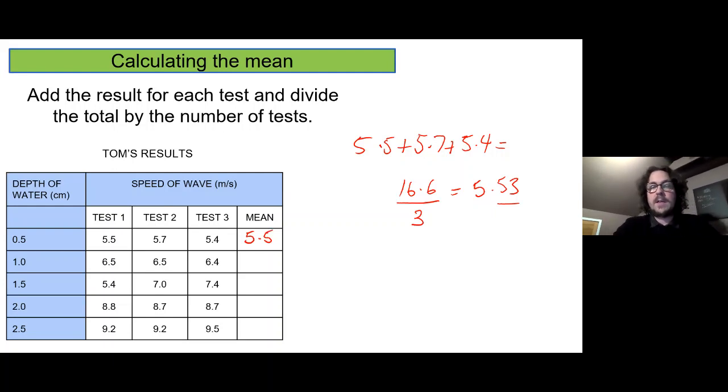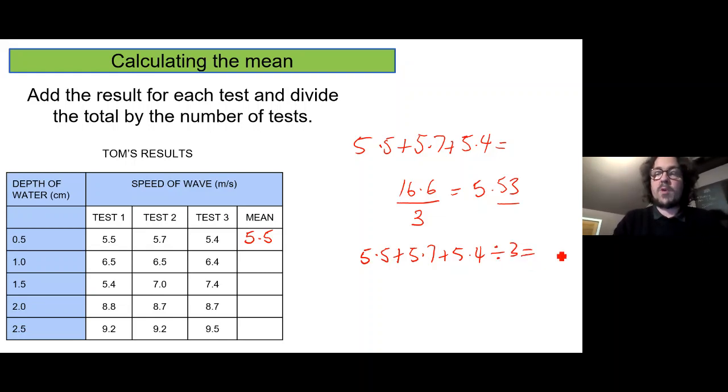Very importantly as well, what you've got to be mindful of is that you can get this calculation wrong, because if you do 5.5 plus 5.7 plus 5.4 and then type divided by 3, then this might well come out as the wrong answer.